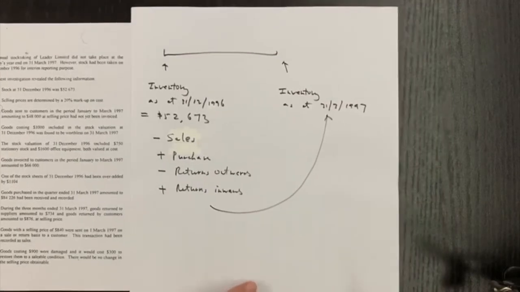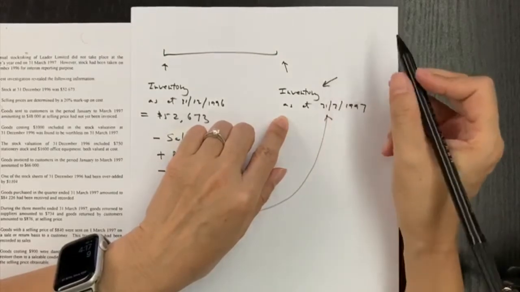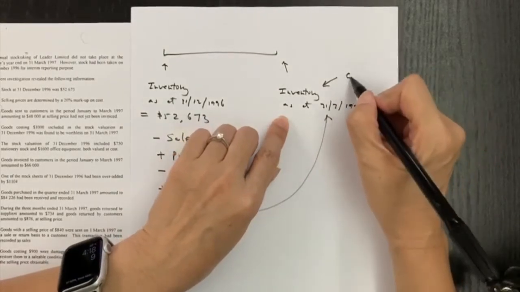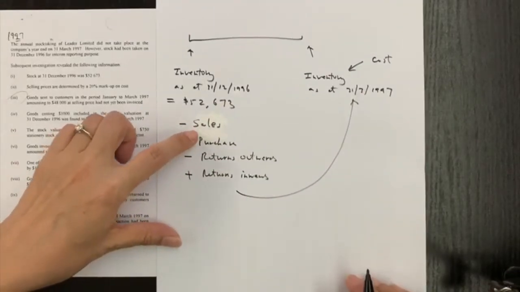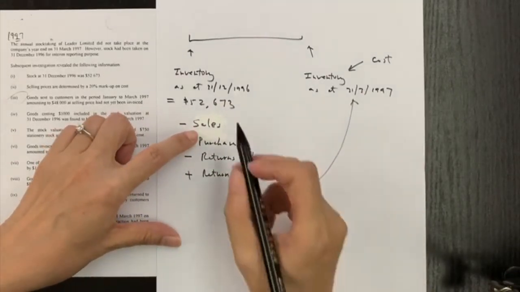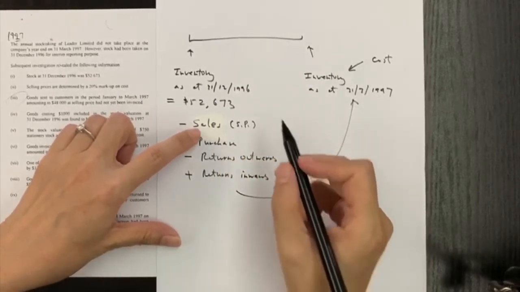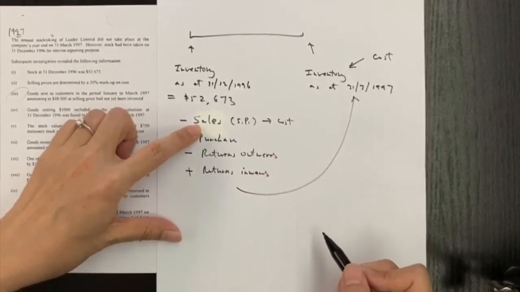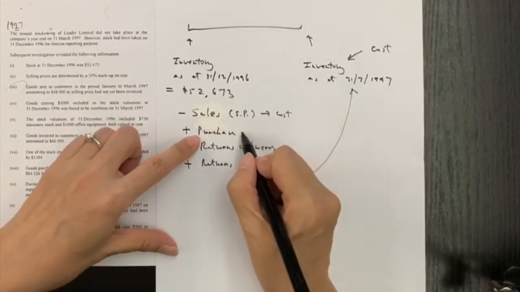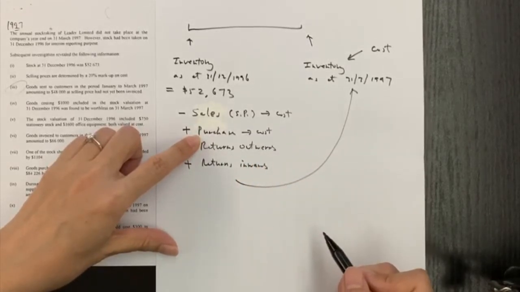Inventory should always be valued at cost. However, sales is not valued at cost; sales is valued at selling price. Therefore, we have to change selling price back to cost. Purchases are already at cost, so we don't need any adjustments.